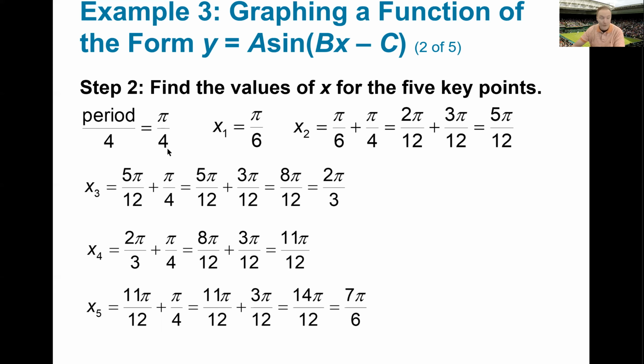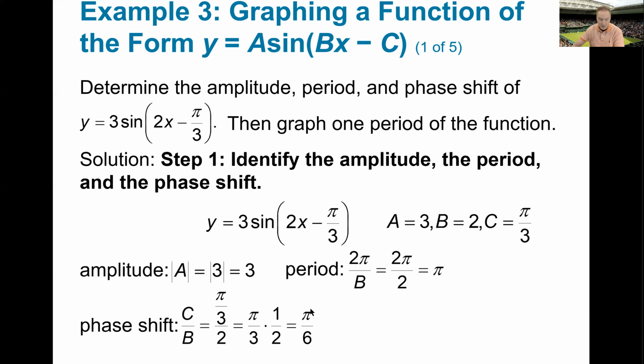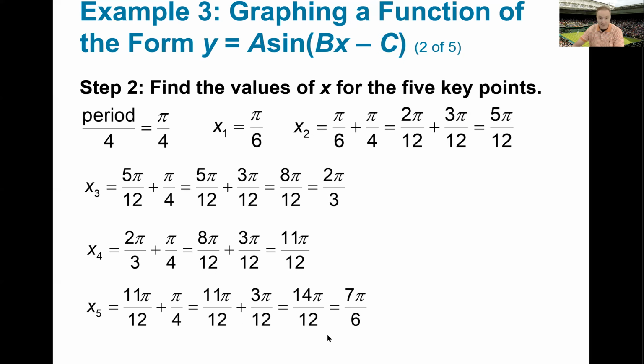So pi over 4 instead of our normal pi over 2. I take my first value, which is being shifted to the right, pi over 6. So it does not start at x equals 0. It starts at pi over 6. Then my second important point is going to be pi over 6 plus pi over 4. That gives me 2 pi over 12 plus 3 pi over 12, which is 5 pi over 12.